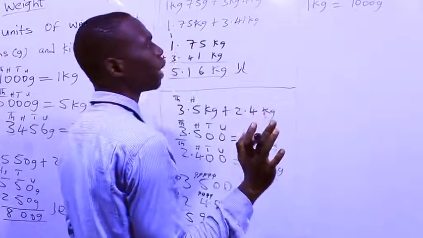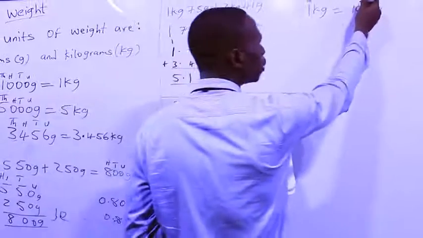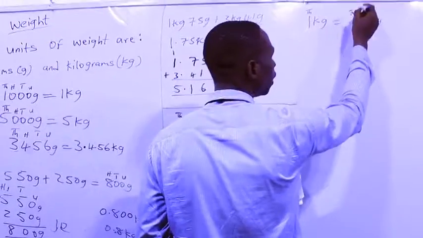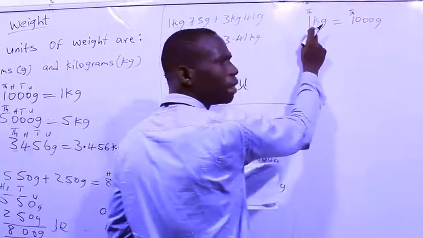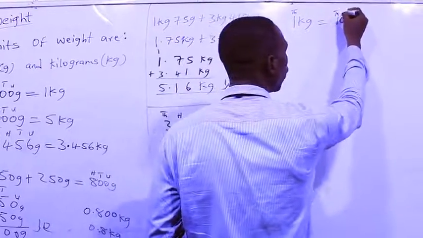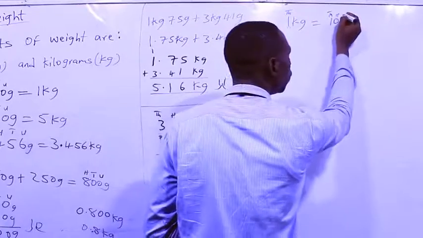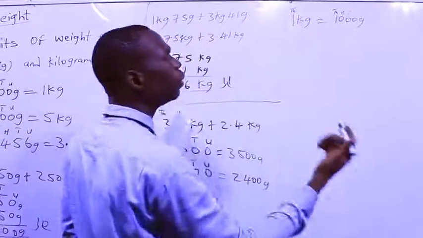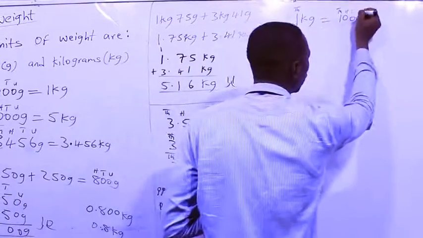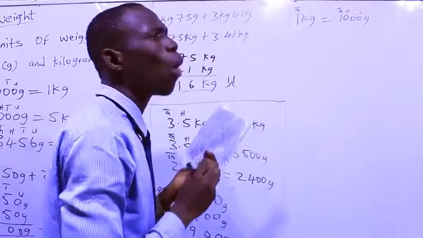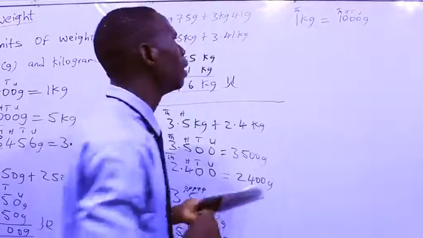If there is no 100, you use 0. That is what I did here. This is 1,000. There is no 100 here, so we use 0 for the 100 place value. There is no tenth, I use another 0. And there is no unit, another 0, to make it 1,000.